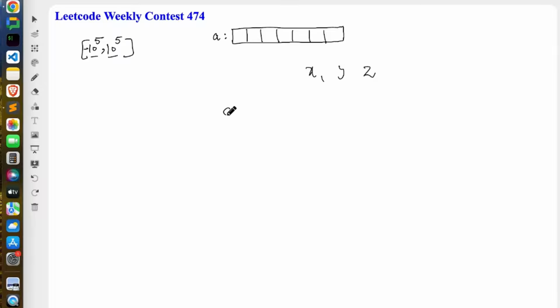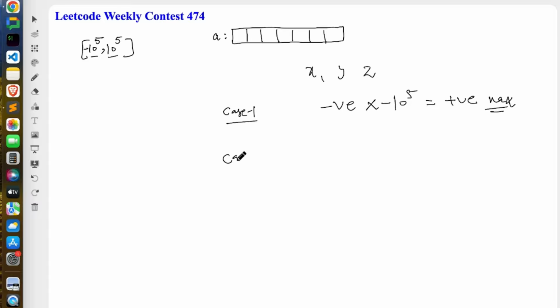Case number 1: if the multiplication of the other two numbers, the unreplaced numbers, is negative, then we have to replace the remaining number with minus 10 to the power 5, so that the total product becomes maximum and positive. So your answer would be a positive number, and the max possible for sure, because we have multiplied with 10 to the power 5 here.